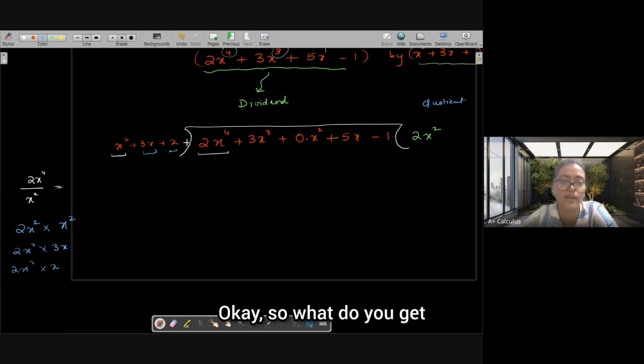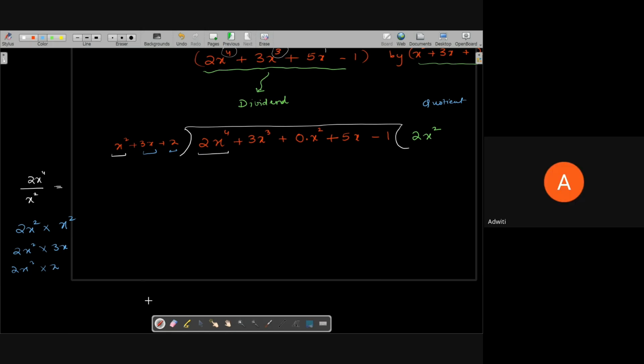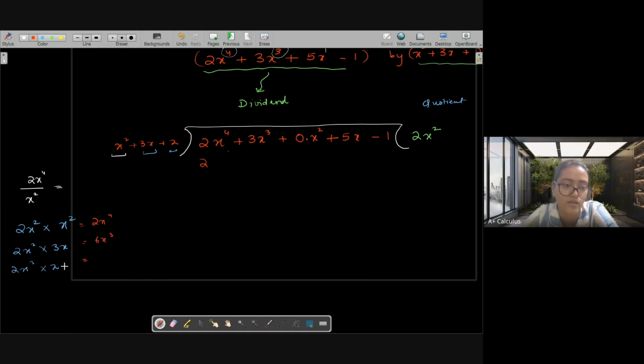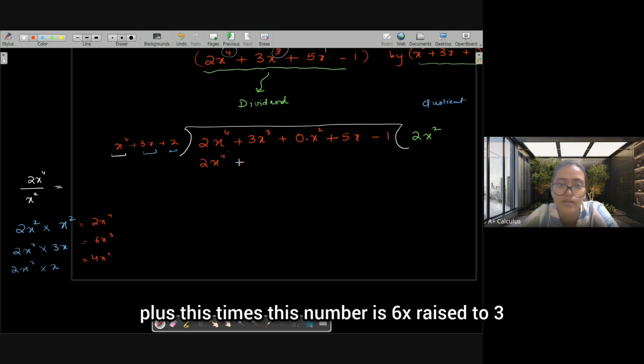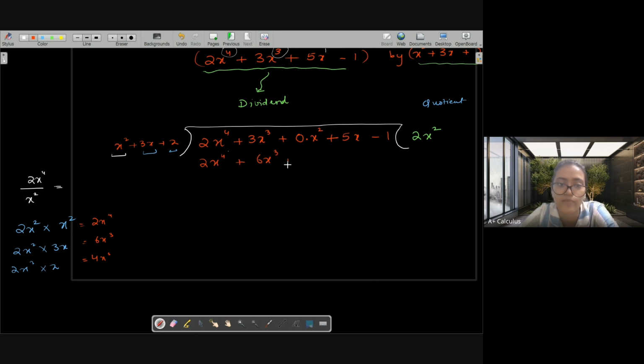So what do you get? 2x raised to the power of 4, 6x raised to the power of 3, 4x raised to the power of 2. Now you'll write these terms here. So this is 2x raised to 4, plus 6x raised to 3, then 4x squared.